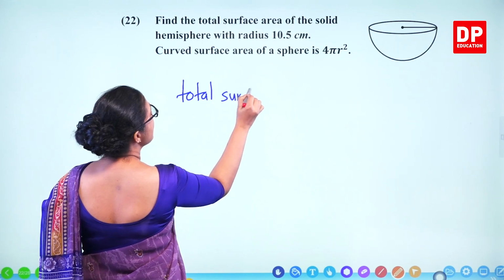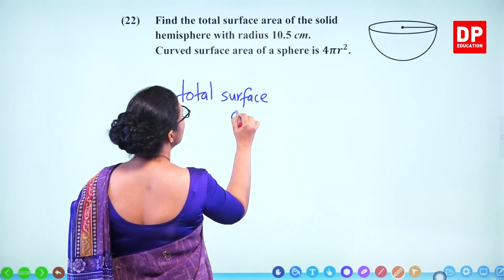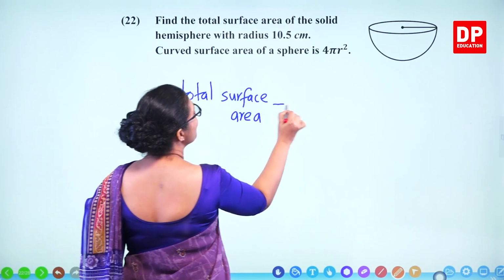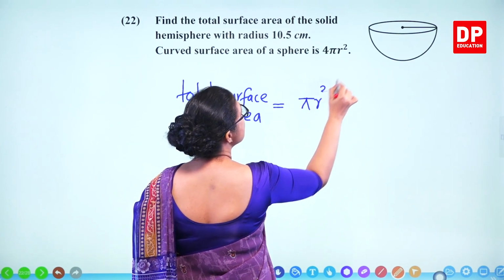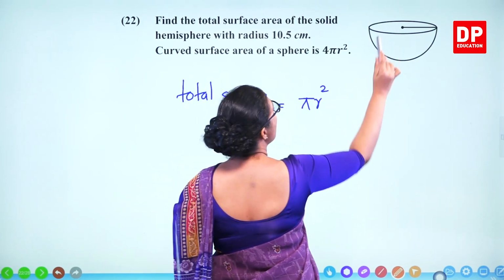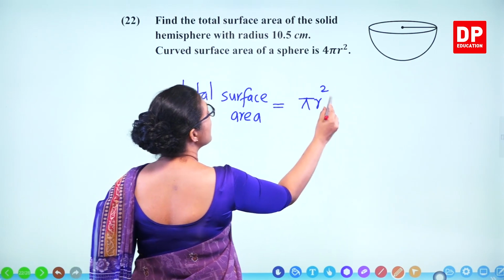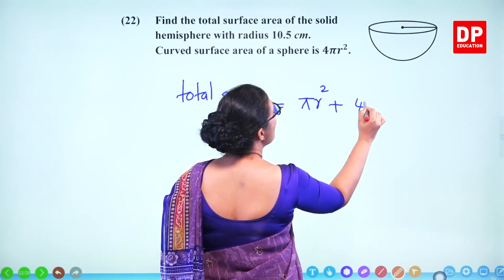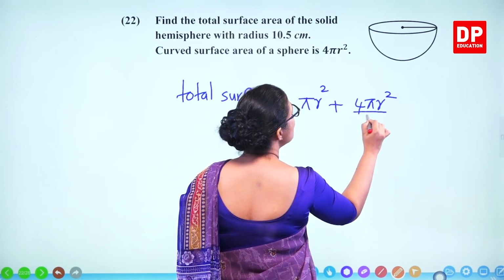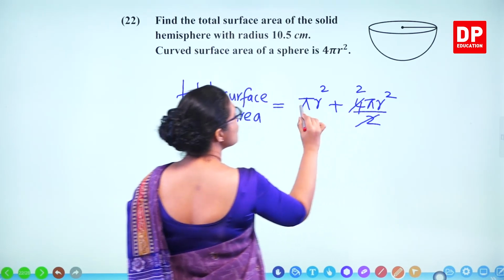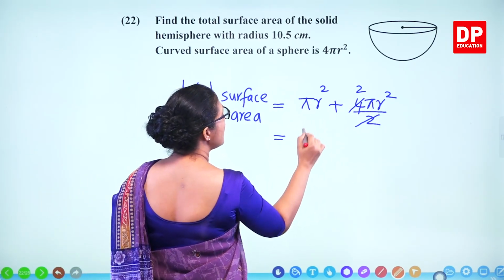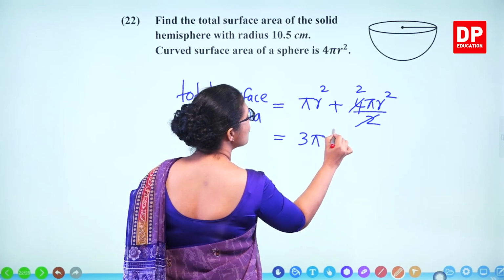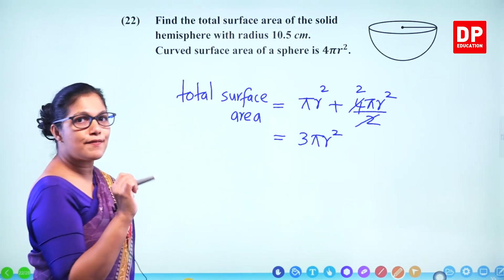Total surface area is equal to pi r squared, that's this area, and curved one. Curved one is 4 pi r squared divided by 2. So same thing, you are getting 2 and 1, 3 pi r squared. That's the total surface area.